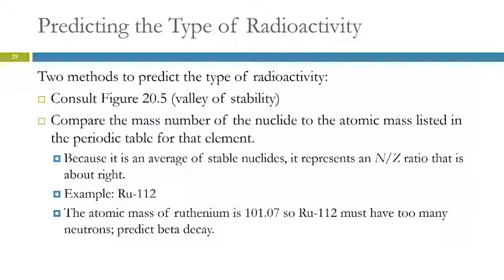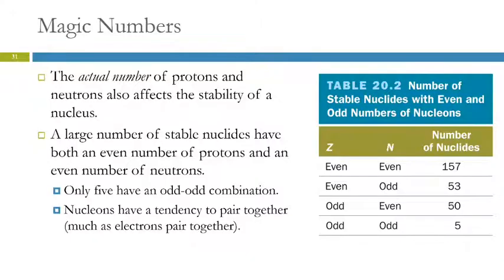So in addition to looking at the ratio of protons and neutrons, the actual number of protons and neutrons also affects the stability. And this is just kind of an odd observation. There are a large number of stable nuclides that have both an even number of protons and an even number of neutrons. There are only 5 stable ones that have an odd-odd combination. And so we believe that nucleons have a tendency to pair together, much as electrons pair together in their orbitals.